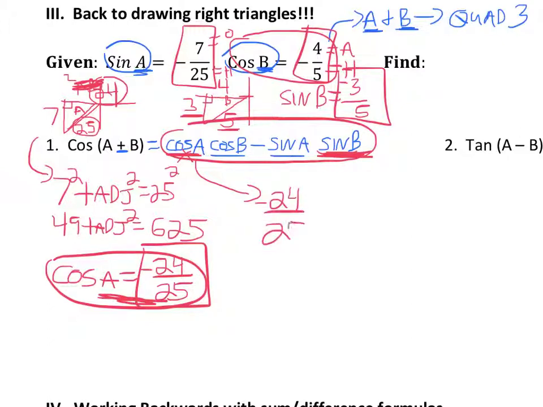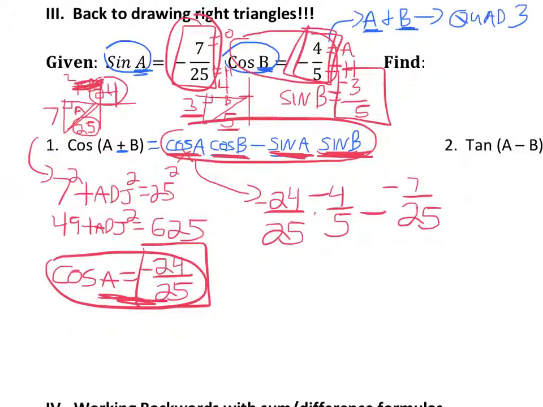The cosine of B was given to us, negative 4/5. Then I have minus the sine of A, which was given, negative 7/25. And then we have the sine of B, which we figured out is negative 3/5. I know it gets a little messy. So you just plug in negative 3/5, and then you just multiply.